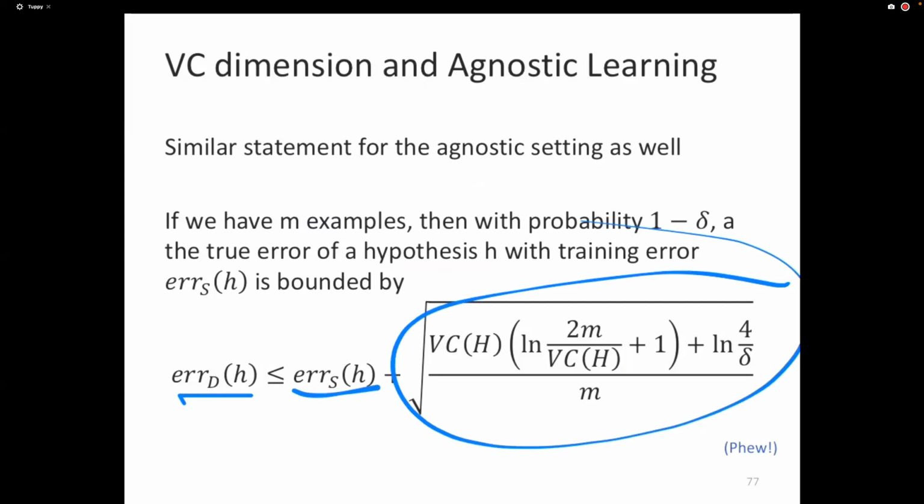It's just a horrible looking polynomial that I would not expect anyone to remember, but it's a polynomial in the VC dimension and in delta. And the idea is that if you have m examples and your training error is this much, your generalization error can be no more than the training error plus that expression.